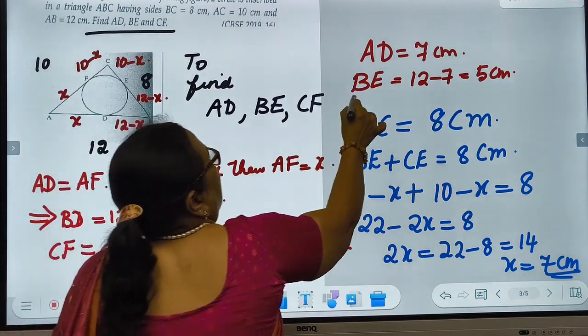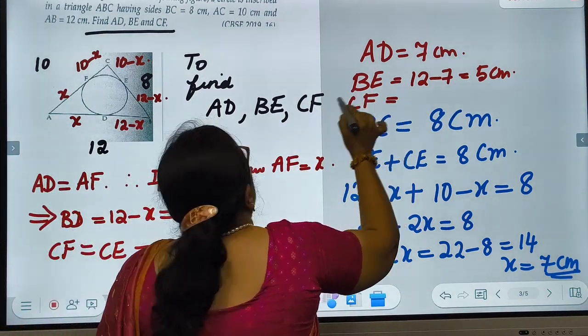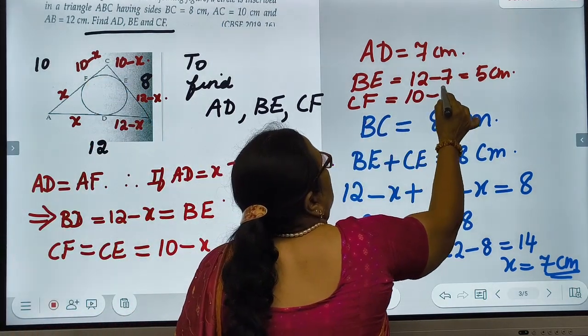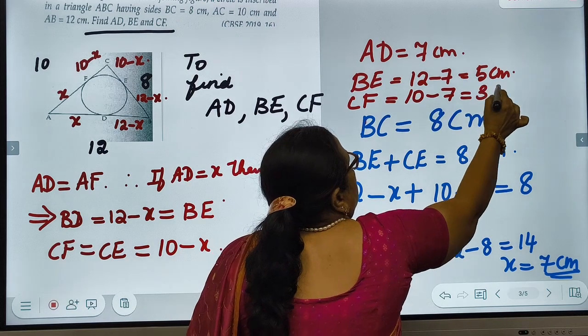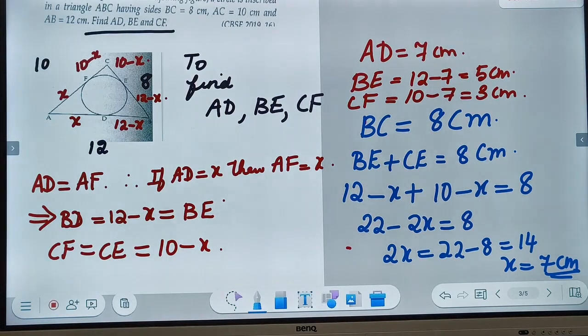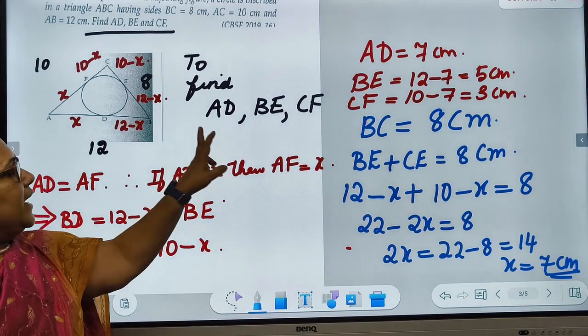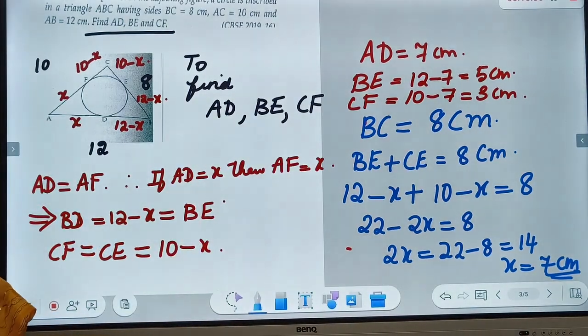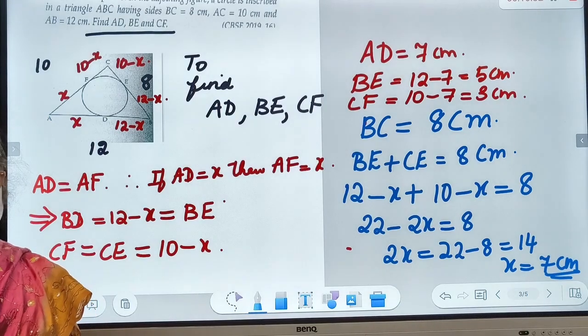Then what else do you need to find? CF. What is CF? CF is 10 minus X. 10 minus 7, which is 3 centimeters. So we have now found the values of AD, BE and CF using the given information. Is it clear?